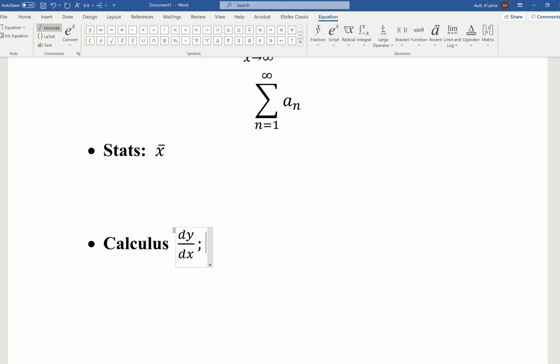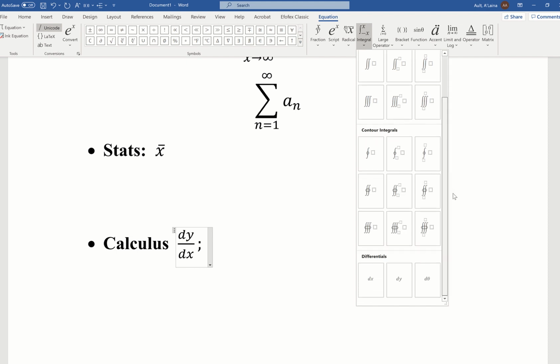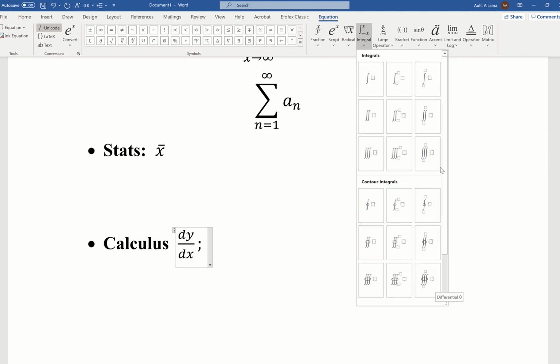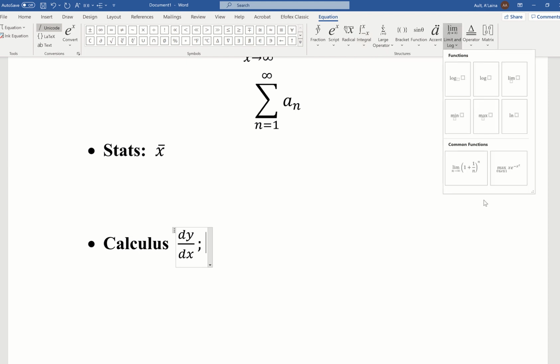There's also all of the integral notation, for both definite and indefinite, or if you were really going crazy with lots of different integrals, you can see that's in there. We've got the little differentials in here, which is great. And it's nice sometimes to have some of the ones that already have the theta. You don't have to go seek out that variable. And again, all of the limit notation is in here, including some fun ones that show up a lot. There's the natural log. So all of those operations are in here.